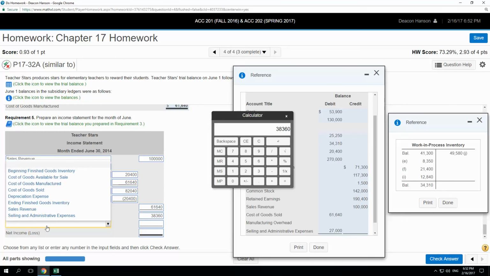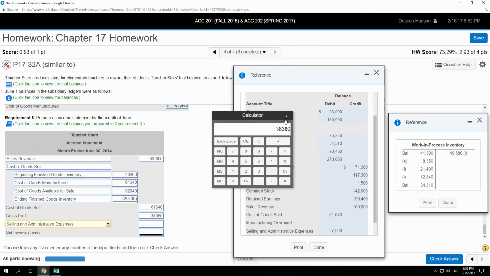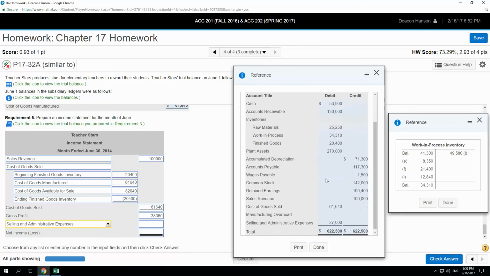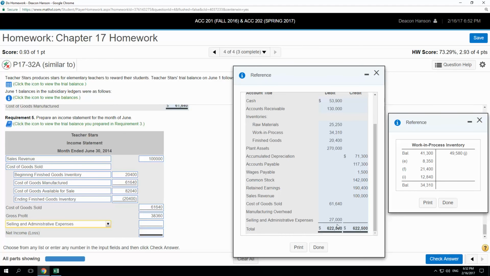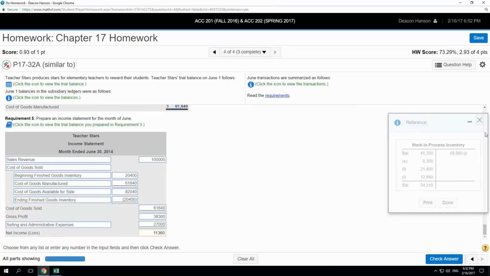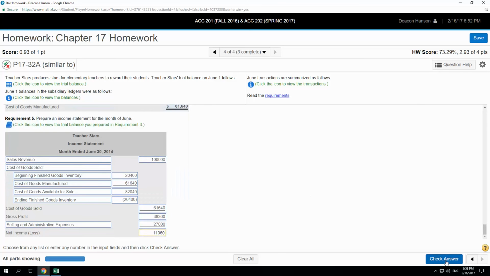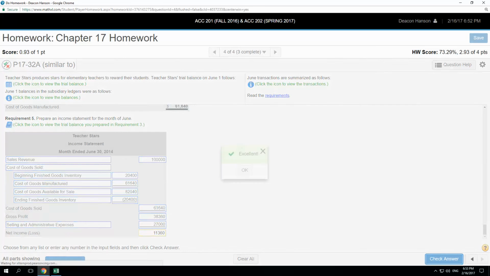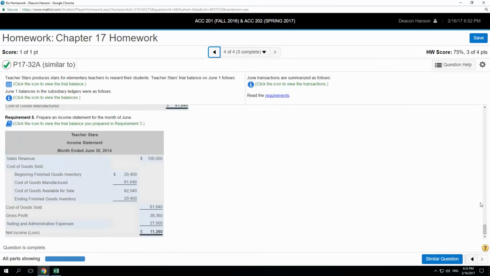Then we're going to subtract the selling and administrative expenses, which are 27,000. Okay, so that's going to give me 11,360 net income. And we're going to go ahead and check. We got it, excellent.